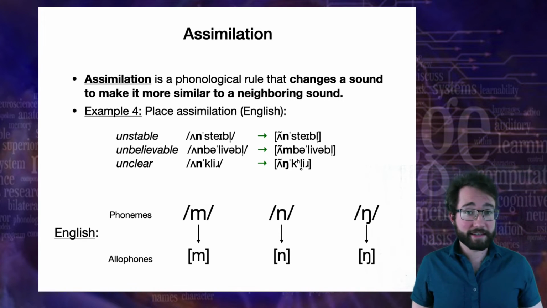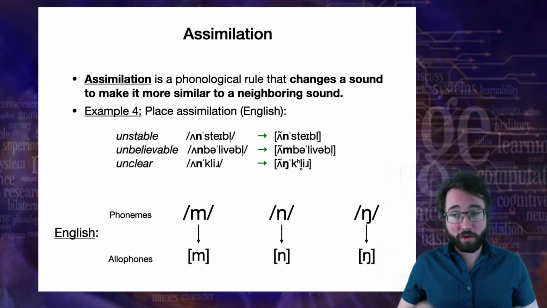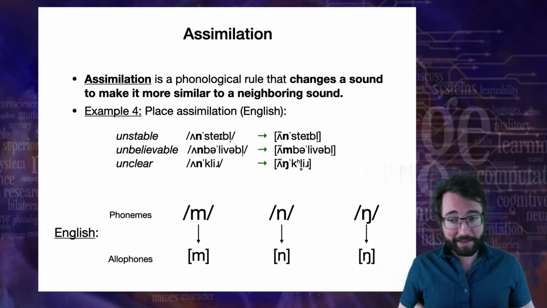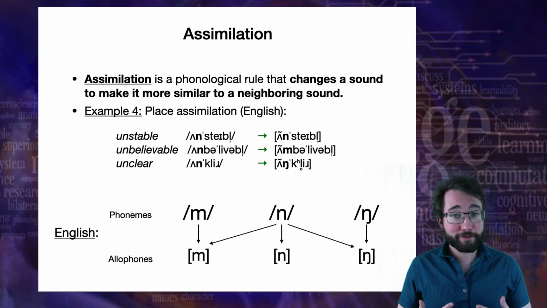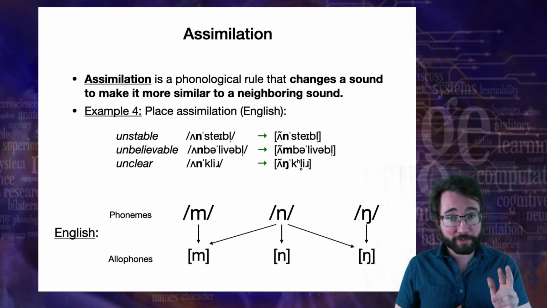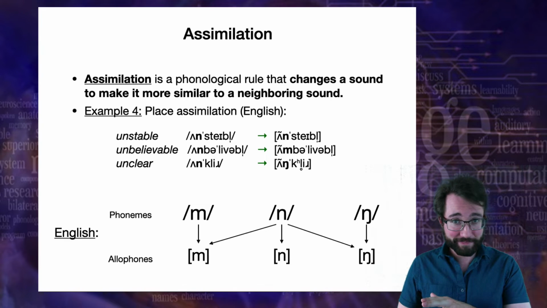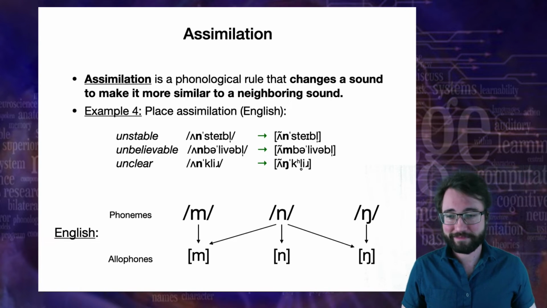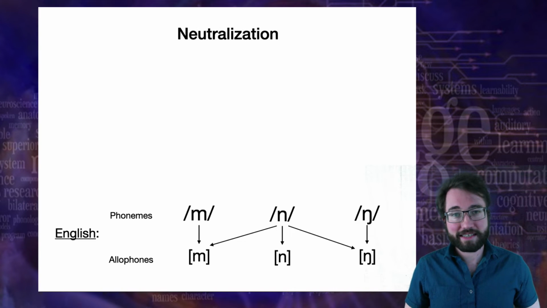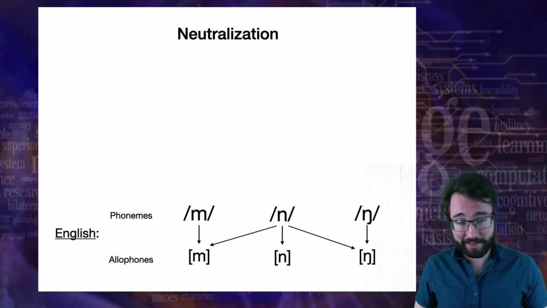This creates an interesting scenario where when you see the sound M, you don't actually know if that is realizing the phoneme M or realizing the phoneme N. Because of this phonological rule here, the phoneme N might actually be realized as the sound M. Very interesting. This is what's called neutralization.